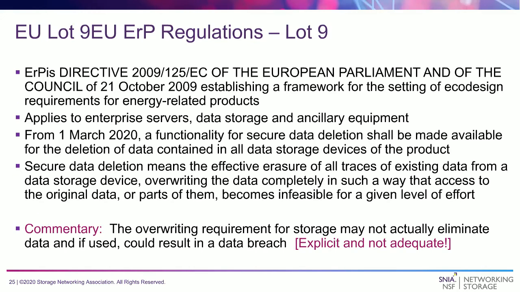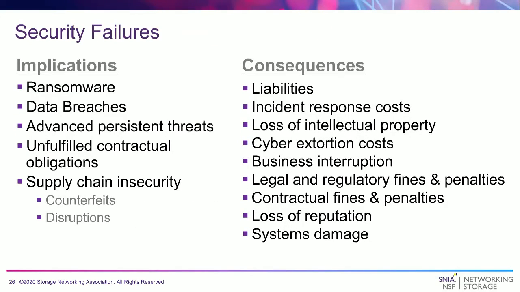Some of the security failures at a high level, what are the implications from a security perspective? Things like ransomware, data breaches, and contractual obligations that haven't been fulfilled. A big one today is supply chain insecurity, things like counterfeits and disruptions.